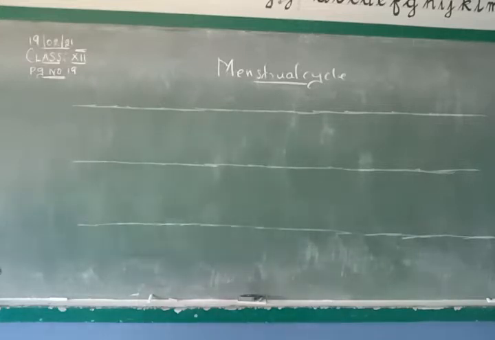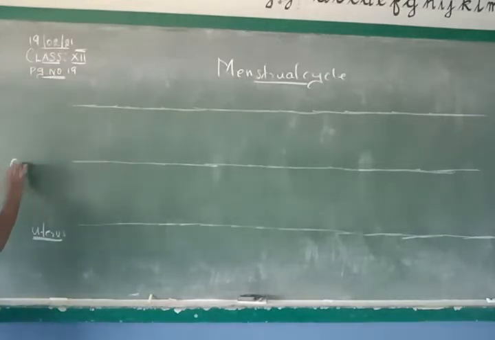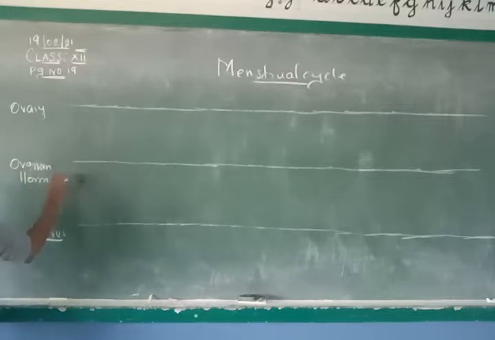So the first change takes place in the uterus, regarding the endometrium. The second change takes place in the ovary. And the third one is taking place in the ovarian hormones. So I have divided this entire thing into three.